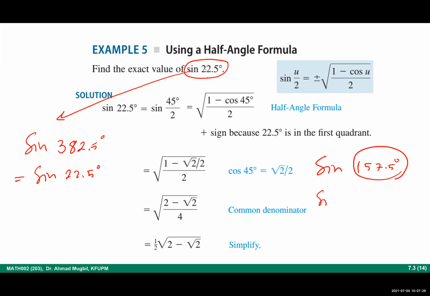And of course, to find the reference angle of it, you will just subtract it from 180. You will get 22.5. In this case, it is in the second. Sine in the second is positive, so it is the same. If it is cosine, of course, it will be different. If it is cosine, this will be negative.